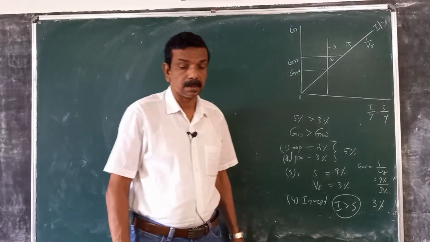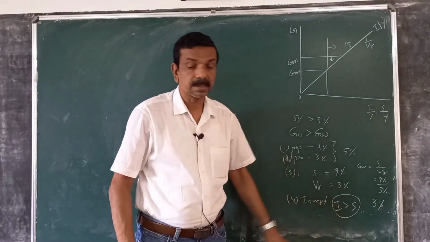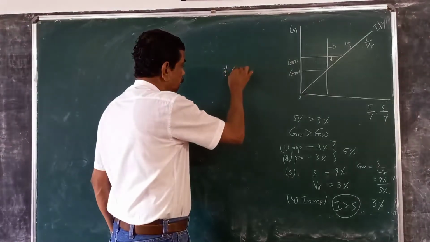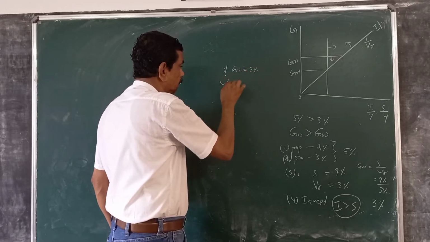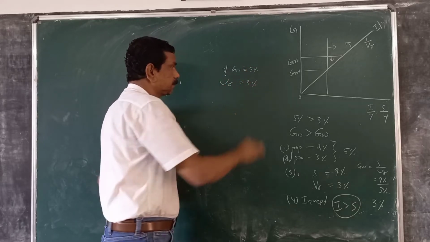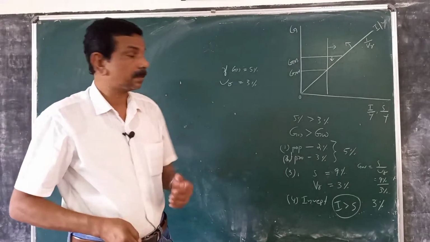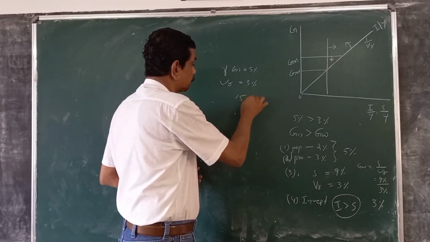So there will be what is known as inflationary pressures in the economy. If GN is 5% and VR is 3, there are profitable investment opportunities for 15%.